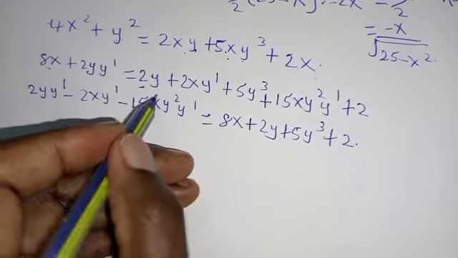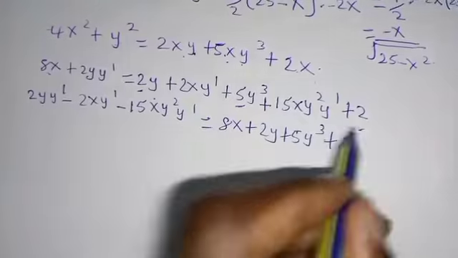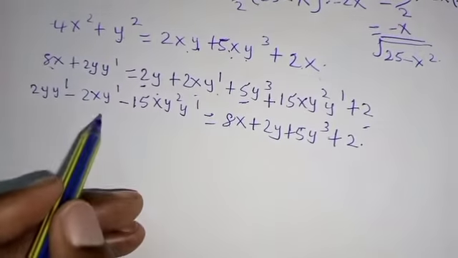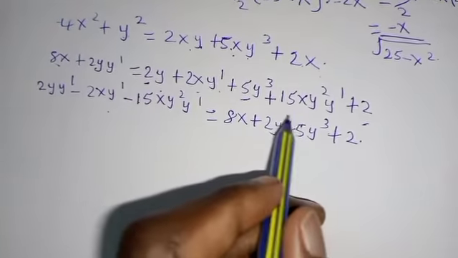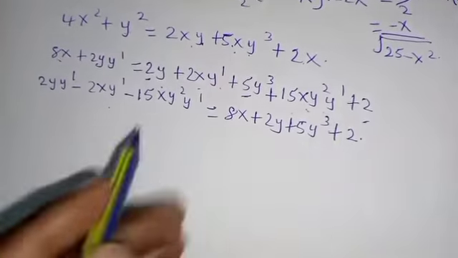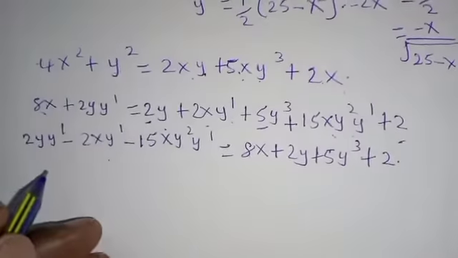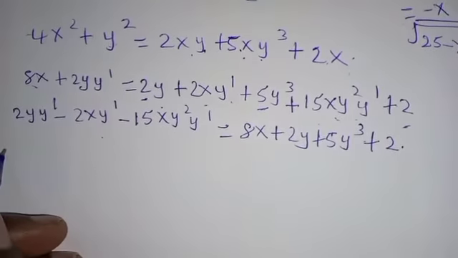So we have picked this the other one, and this. And we have taken 2xy prime to this other side, and we have taken 15x y squared y prime to the other side.